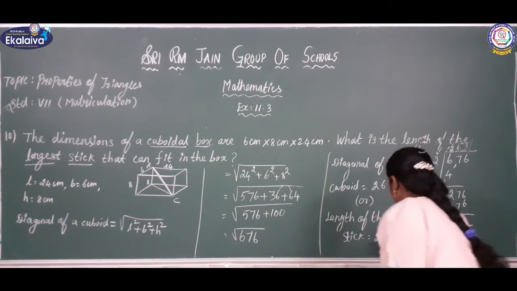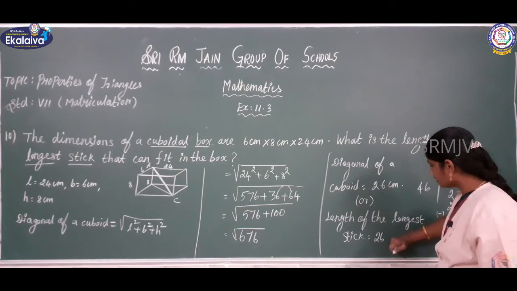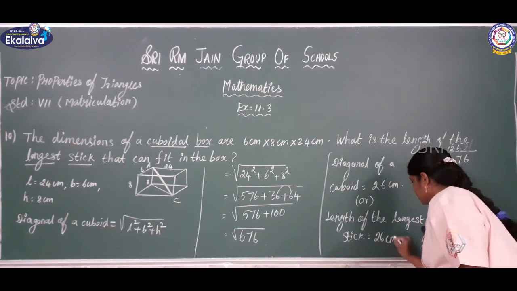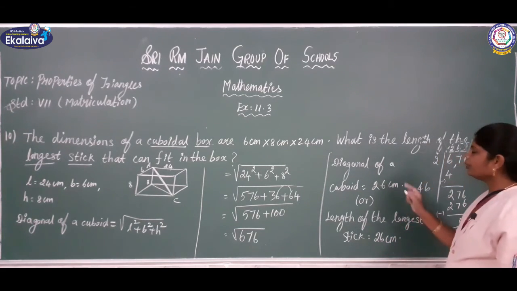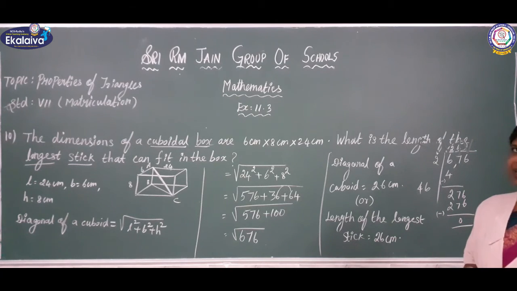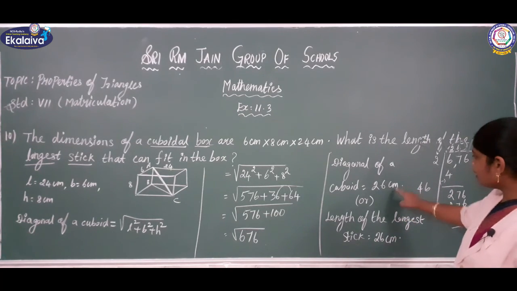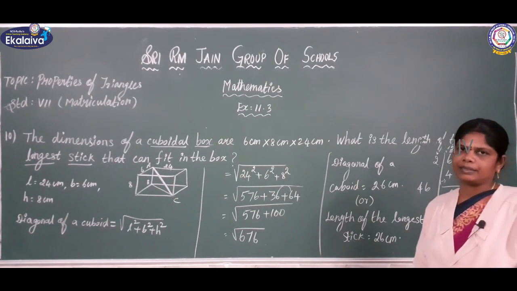Sorry, not meter. Here centimeter is given, so you can write it in centimeter. Whatever unit is given in the question, that unit we need to use. Here centimeter is given, so you have to take it as centimeter.